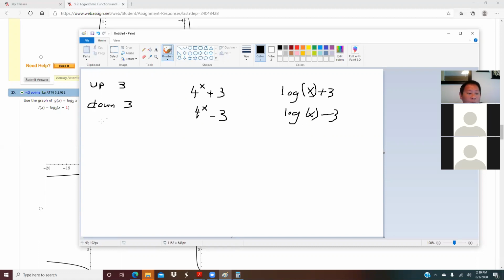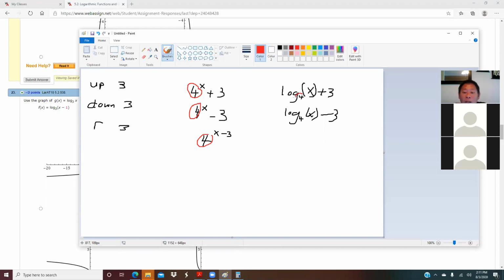This is up 3. This is down 3. If you want to go to the right 3, watch carefully, minus 3. So for exponents, if you want to move right 3, this is what your exponent looks like. Again, this 4 that you see here has nothing to do with your transformation. It's only doing your basic graph.